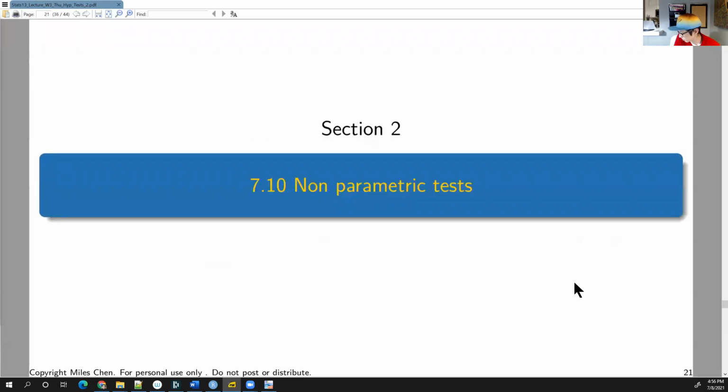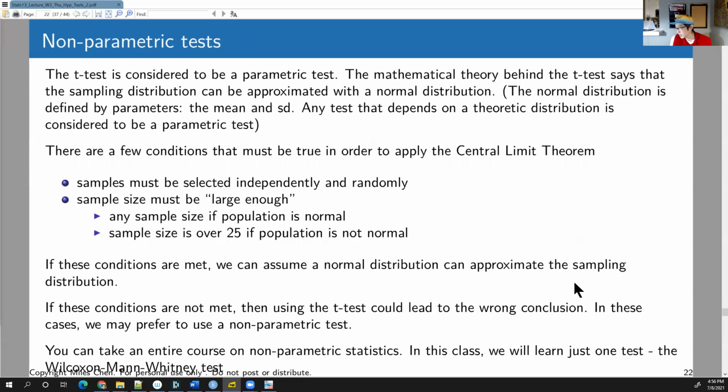Okay, we're gonna look at one more section in chapter 7, and this is on non-parametric tests. I'm kind of deciding how much I want to get into this, but the t-test that we've been covering and describing in great detail today, and on Tuesday as well, is considered to be a parametric test.